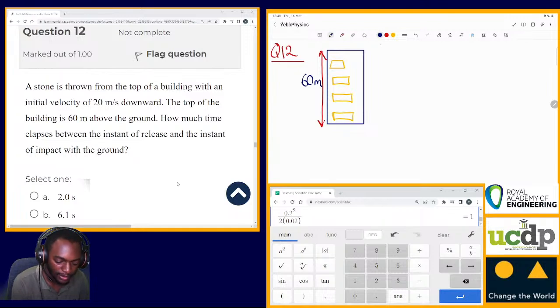And we have our stone, which is thrown downwards with an initial speed of 20 meters per second. So we can say our U is equal to 20 meters per second.